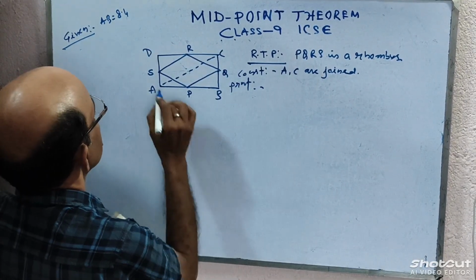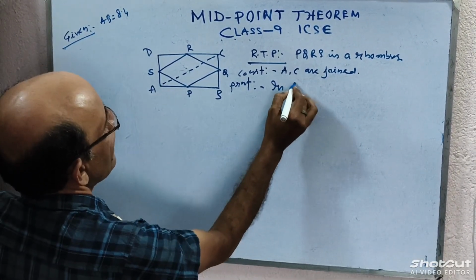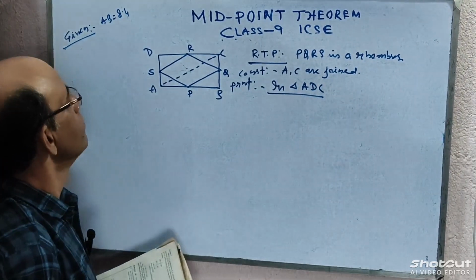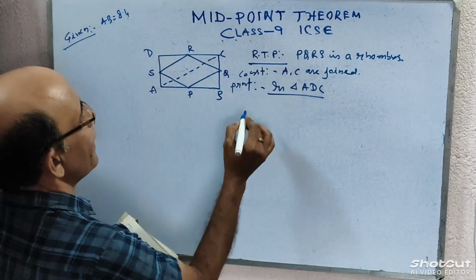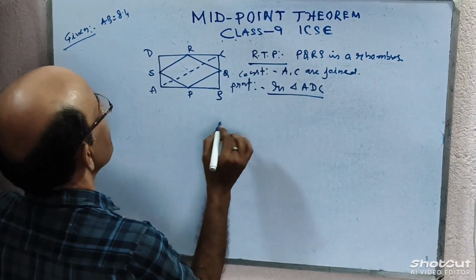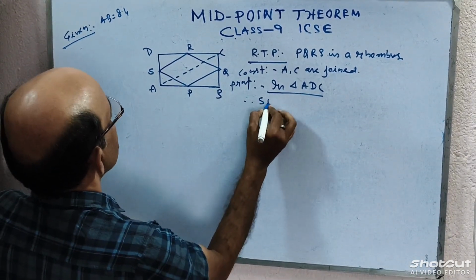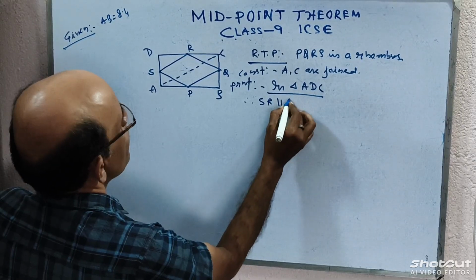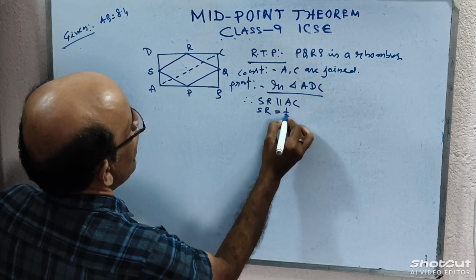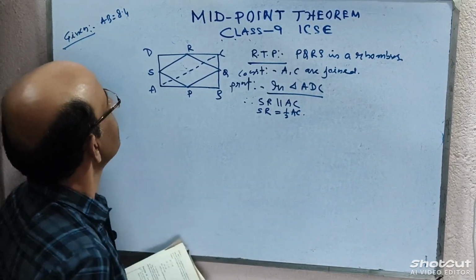In this triangle means in triangle ADC, S is the midpoint of AD and R is the midpoint of AC. Therefore, SR parallel to AC and SR equal to half of AC.